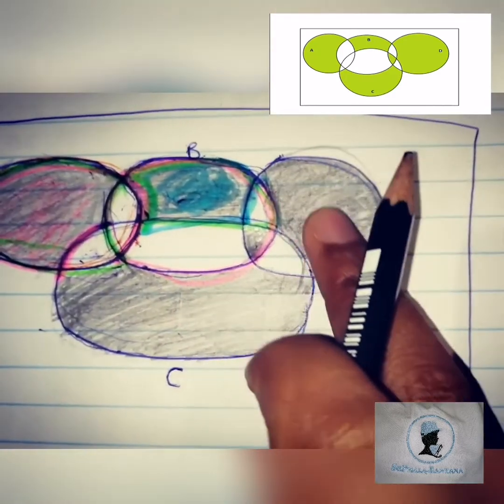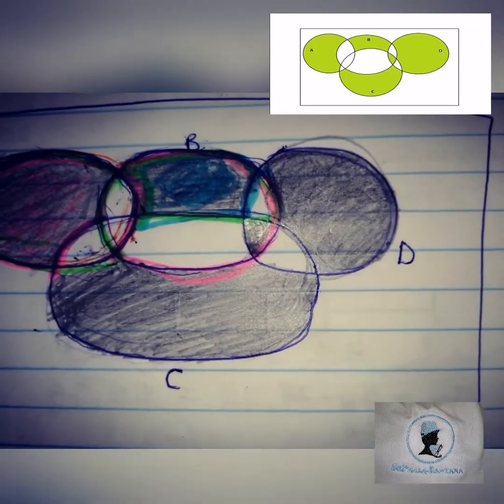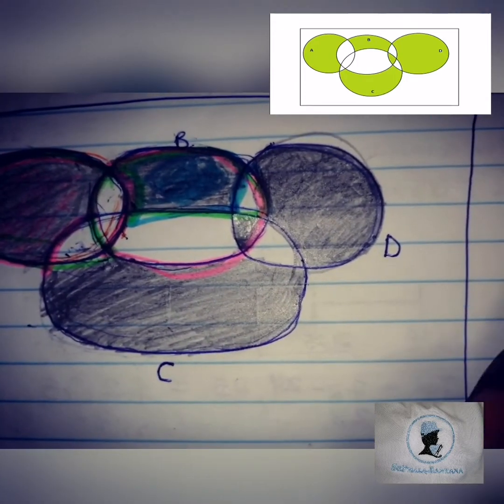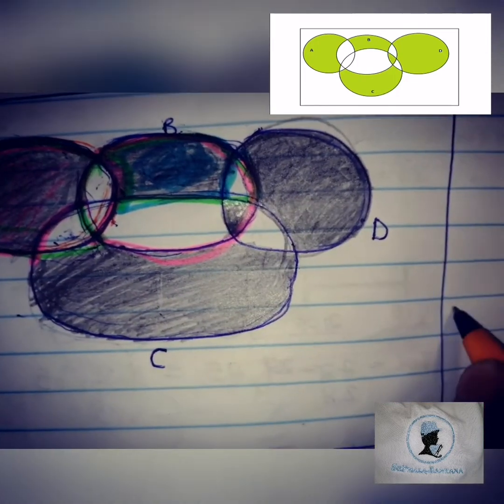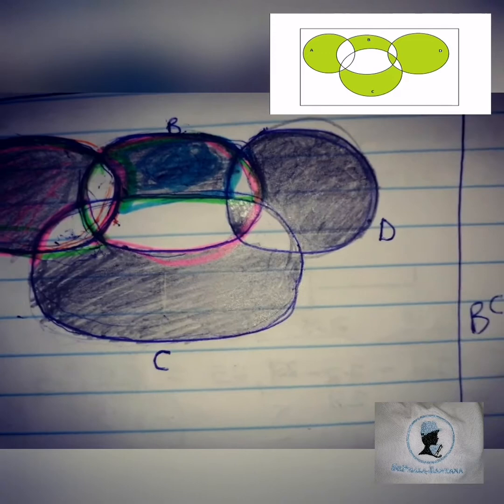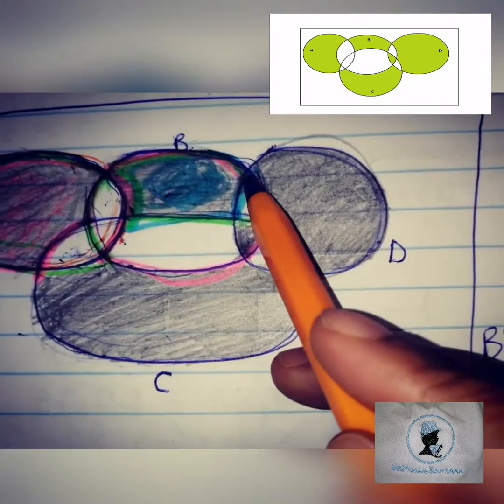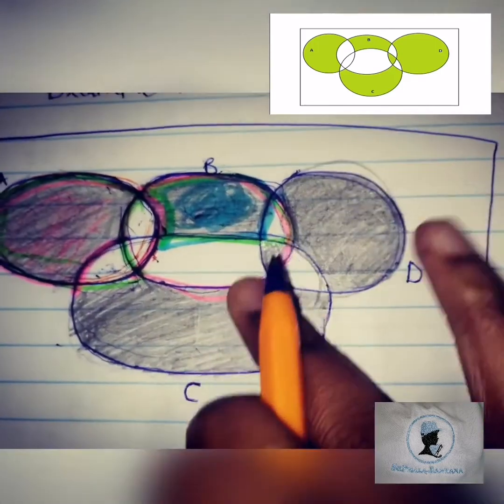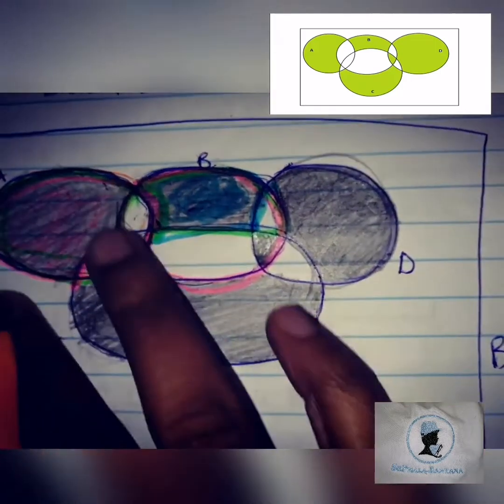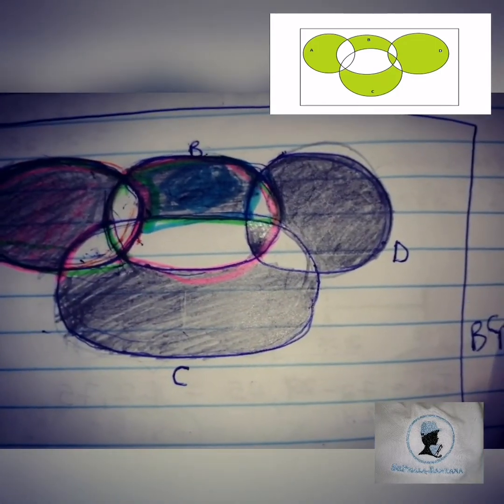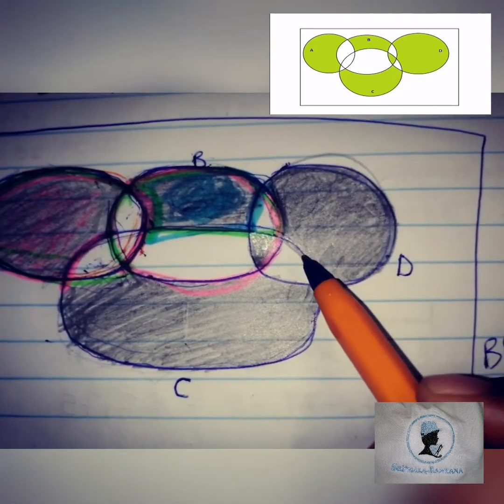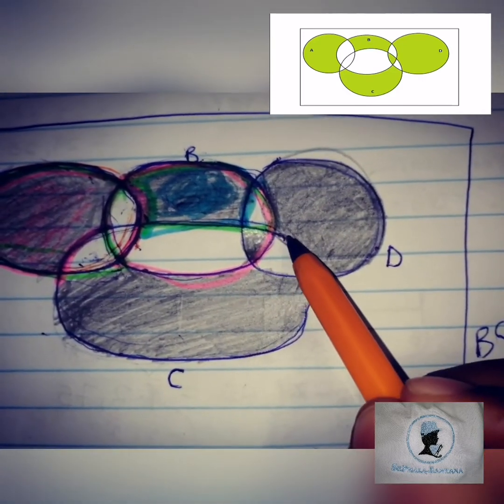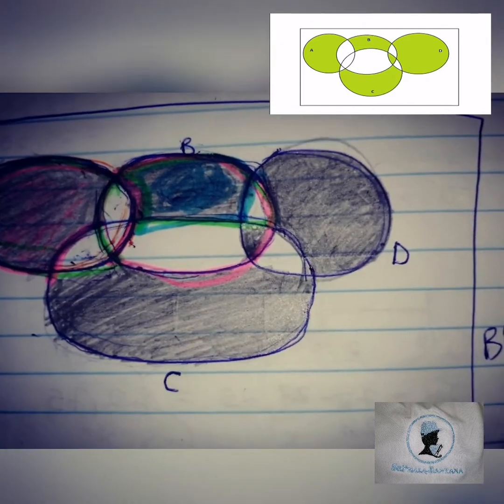So describing the set, we are going to get B complement, right? B complement, which is everything that is not part of B, né? But we are going to say intersect with C complement.